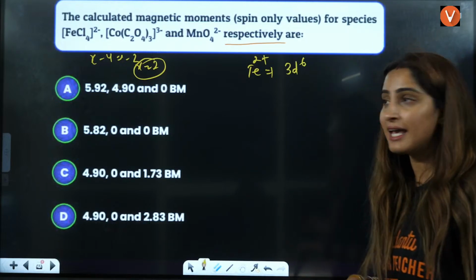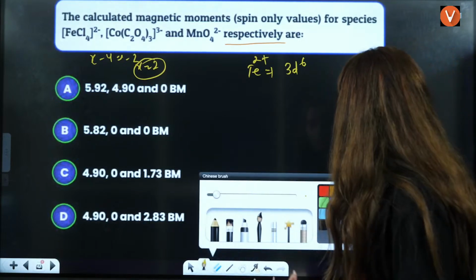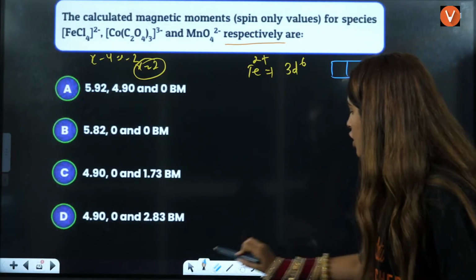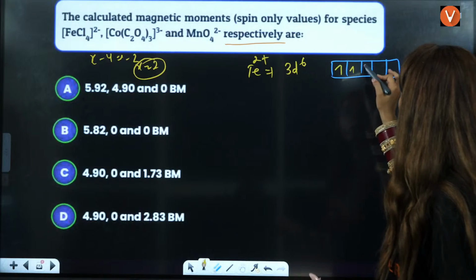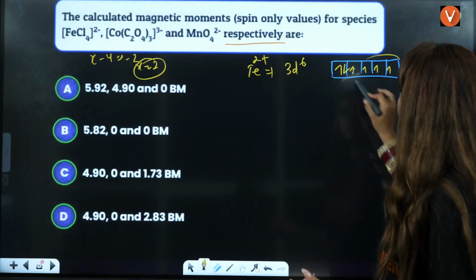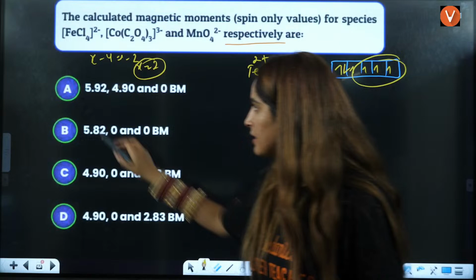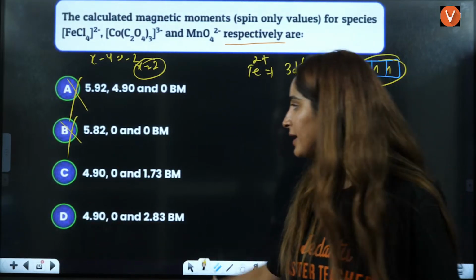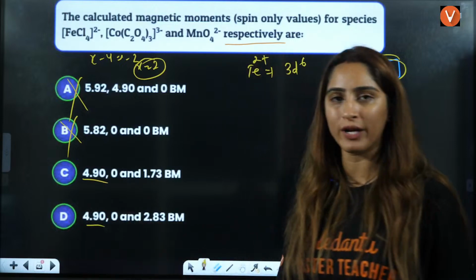Now, Cl is not a very strong ligand, so there will be no pairing here. So no pairing means 1, 2, 3, 4, 5 and 6. So it has 4 unpaired electrons. This is eliminated, this is eliminated. 4 unpaired electrons means it can be 4.9.